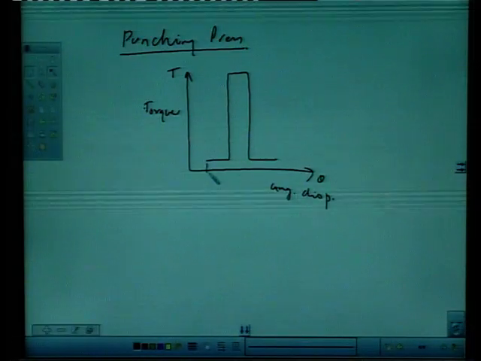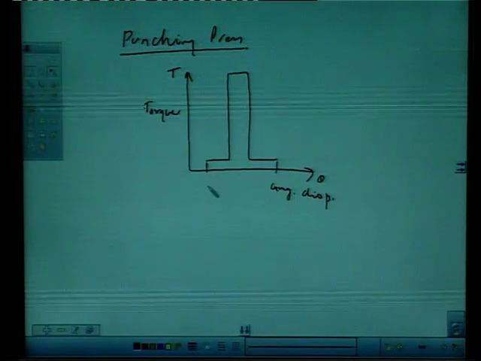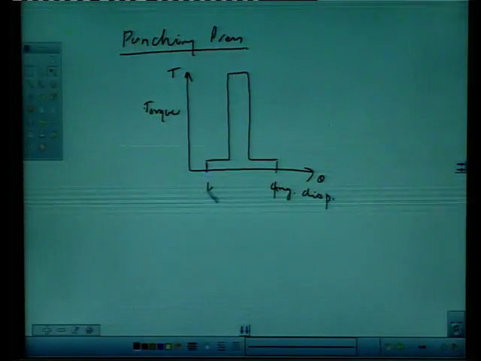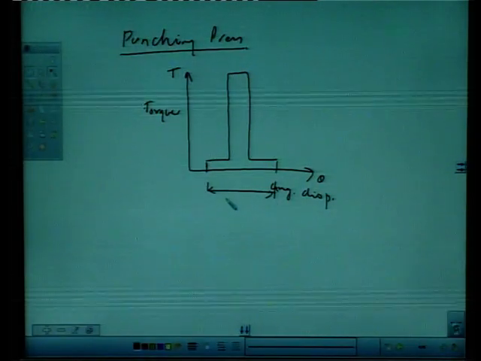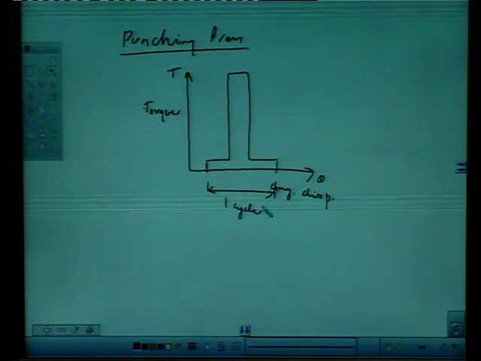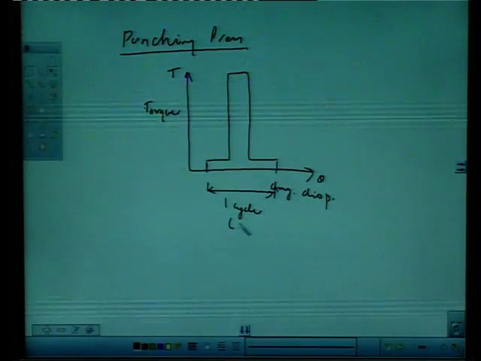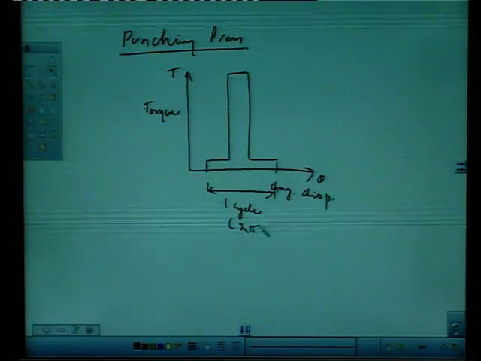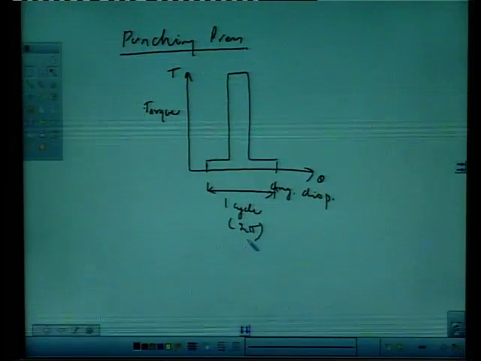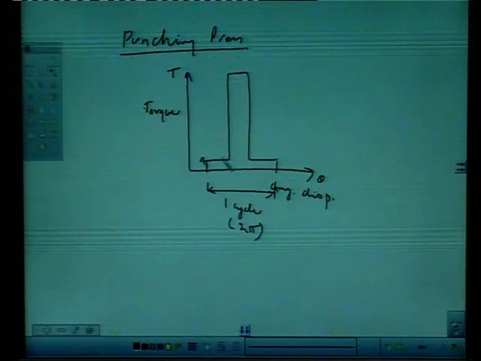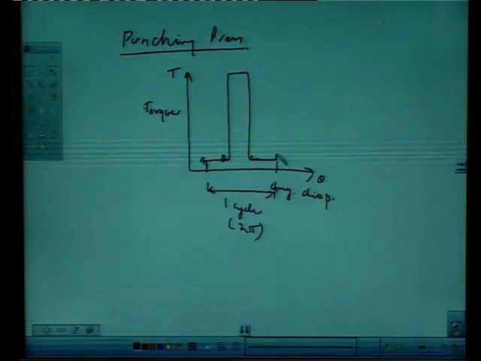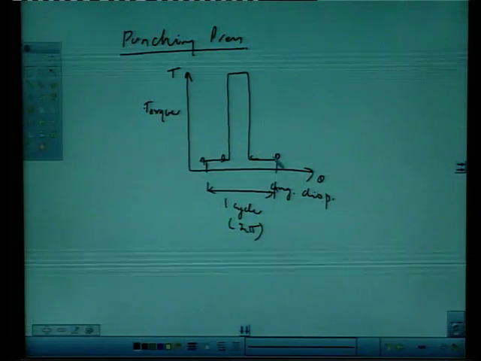Now, this is called one cycle, or the angle is 2 pi. Say it is between A, B, C and D.